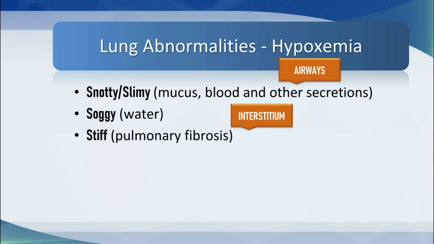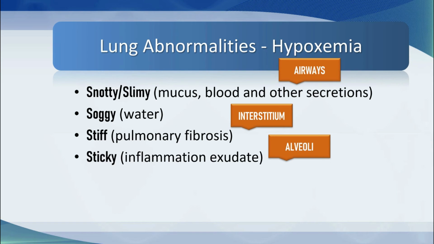The lungs may be stiff because the interstitium becomes fibrotic and the alveolar capillary interface may become fibrotic, and there's a range of diseases that cause this. And then the alveoli may become sticky as a consequence of the presence of an inflammatory exudate.